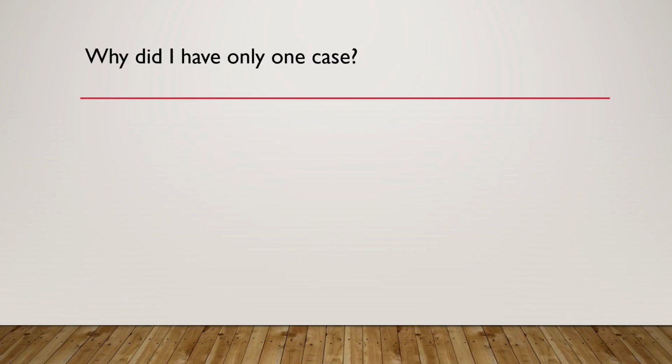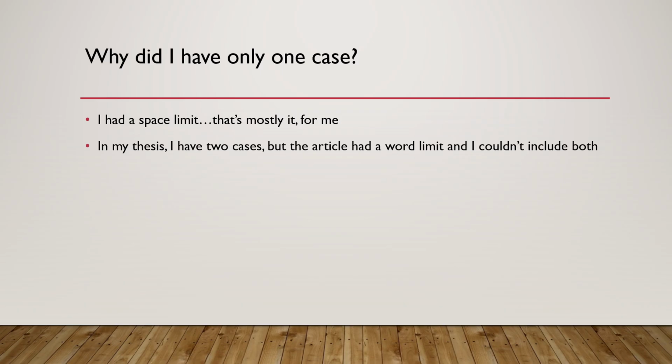So you might be wondering, why did I only have one case? In my context, it was mostly a space limit. The article that I wrote and was submitting to the journal had a particular word limit. So I actually, in my thesis, had two cases, but because of the article's word limit, I couldn't include both cases.